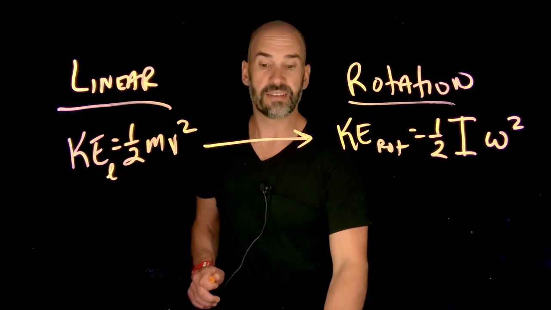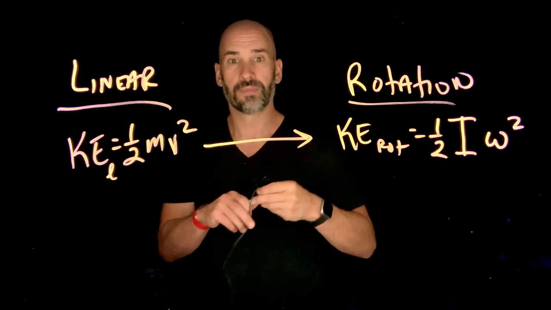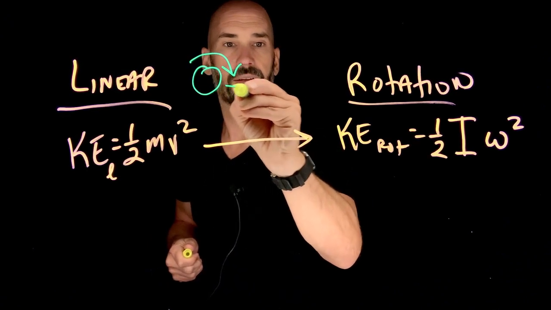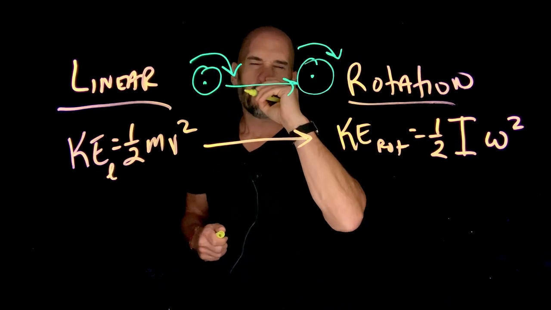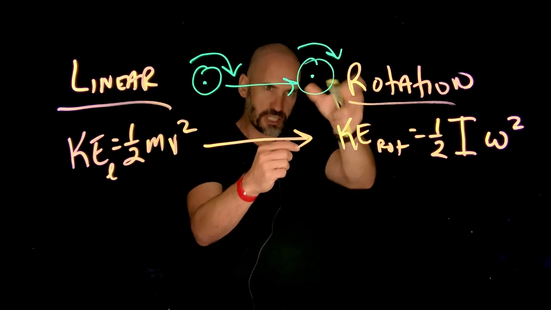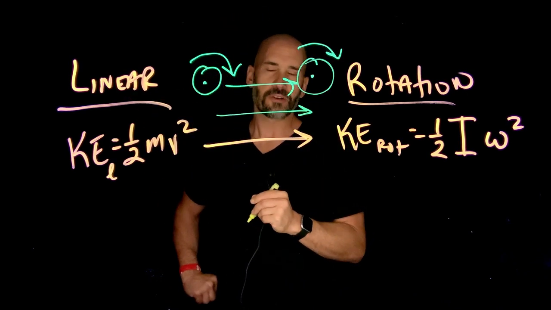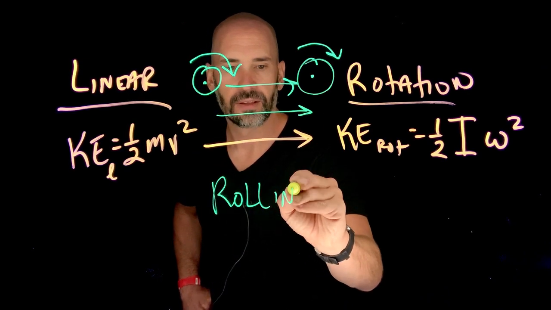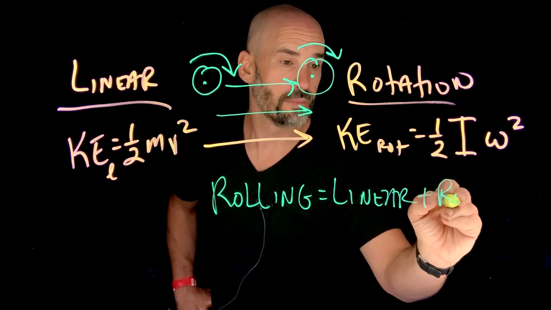And this brings me to this whole concept of rolling. Imagine I have an object that's rolling. Notice it's a mixture of rotation. It's spinning and it's moving linearly at the same time. Kind of cool, right? So you can think of the case of rolling as a mixture of linear plus rotational motion.